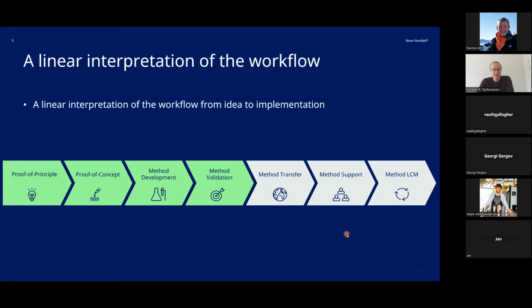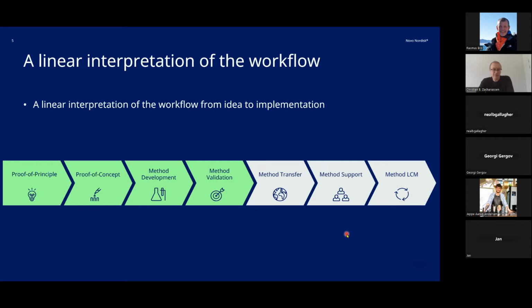And then when you have a validated method working at our labs or at one process line, you need to transfer that method to other sites. And there are ways of doing that, ensuring that the validated method that you have established is also transferred correctly with instrumentation and method and training and capabilities. And then there's method support, and we go into method LCM, which is an abbreviation of life cycle management.